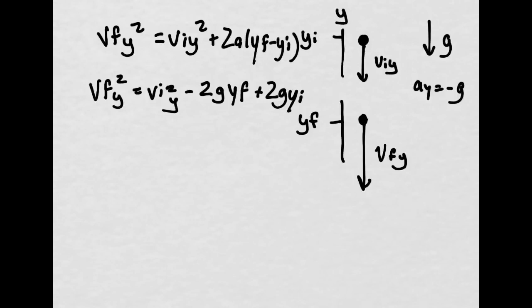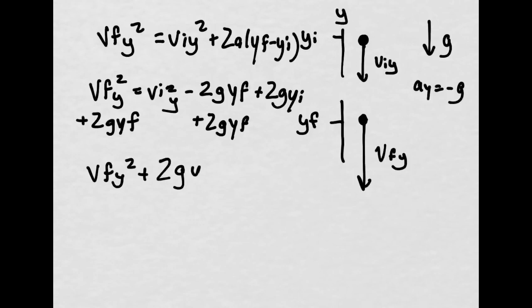So I want to get things with the suffix final on one side of the equation. So I'm going to move this over by adding it to both sides. So we get Vf y squared plus 2 times g y final equals Vi y squared plus 2g y initial.